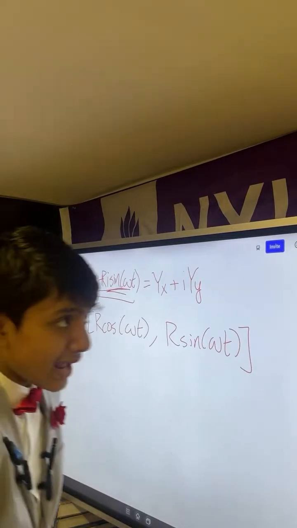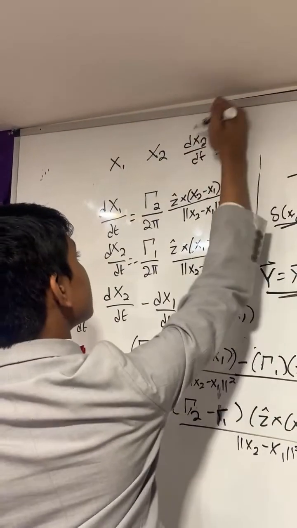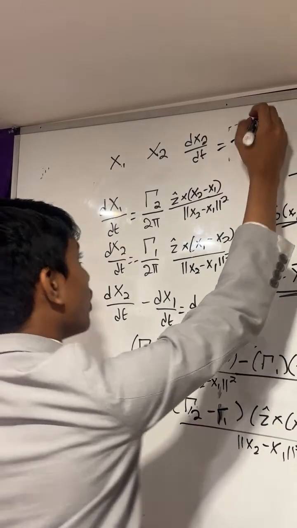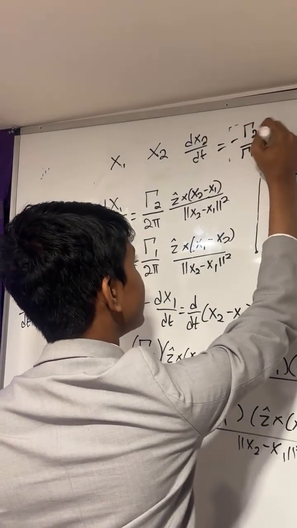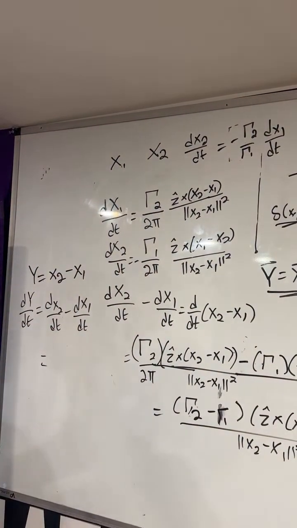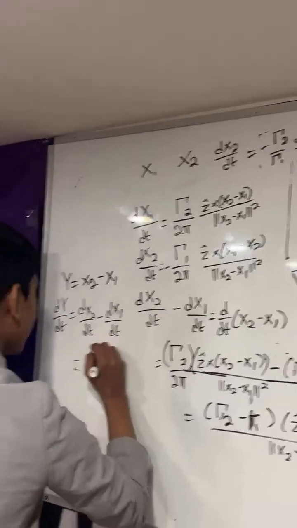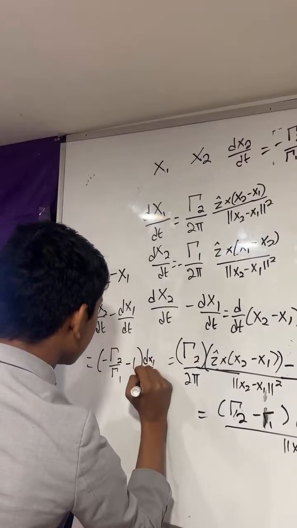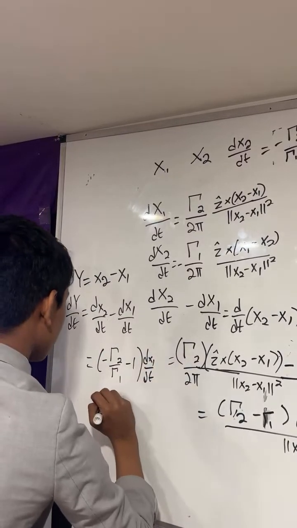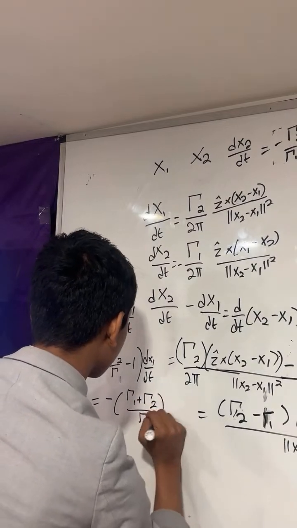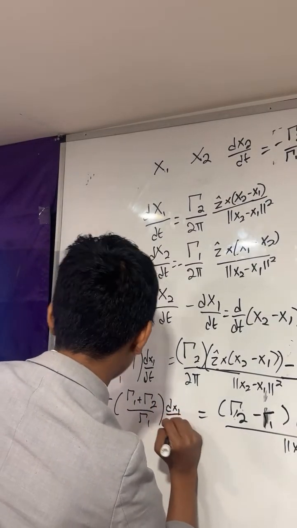Well, now recall dx2 dt is equal to minus circulation 2 over circulation 1 dx1 dt, which means that dx2 dt minus dx1 dt is just minus circulation 2 over circulation 1 minus 1 dx1 dt, or minus circulation 1 plus circulation 2 over circulation 1 dx1 dt.